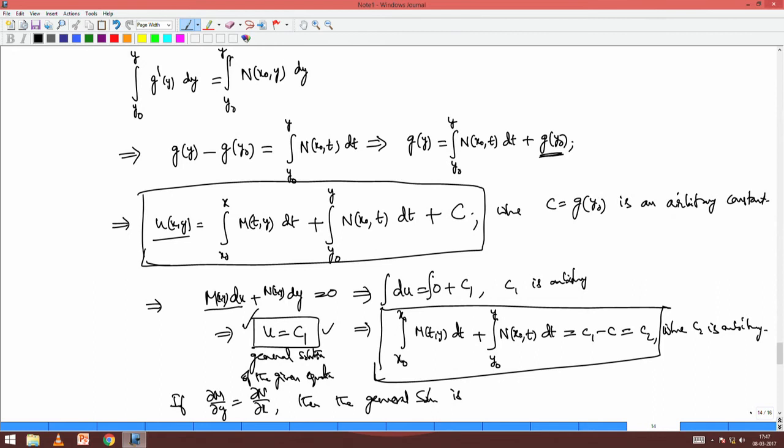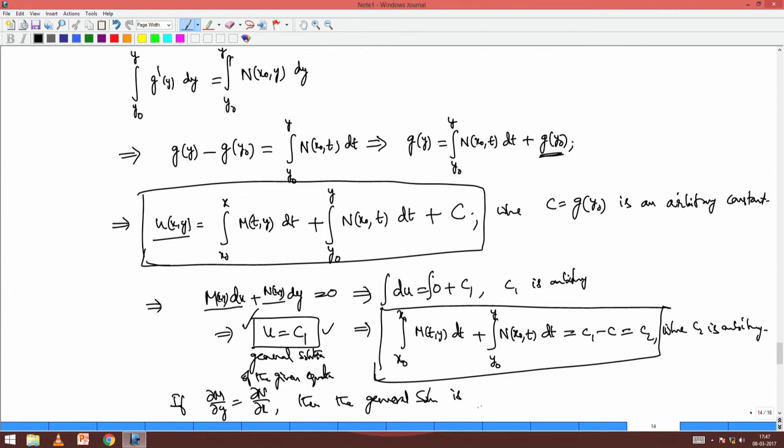That means you are putting x is 0. If you take x naught equal to 0, that means n may become 0. So, in practice you have to integrate this with respect to y, only terms involving y only, that will contribute. You can see from this.